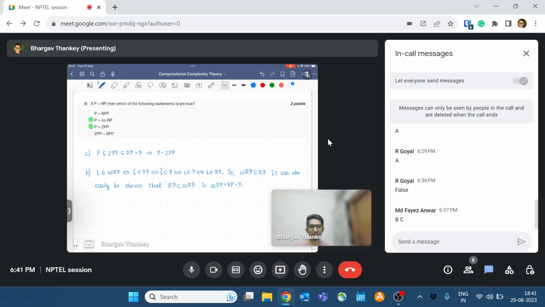So what happens in RP? If x is in the language, then there exists a path which leads to accept, right? At least half of the paths lead to accept. But that means that there exists a path which leads to accept, and that is the condition for NP.